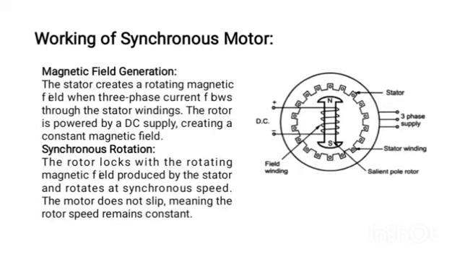When the north pole of the stator flux and the south pole of the rotor flux come together, that is, synchronized to each other, at this instant magnetic locking occurs. Due to the locking, the rotor rotates at a constant speed. So that's why we call these constant speed machines.